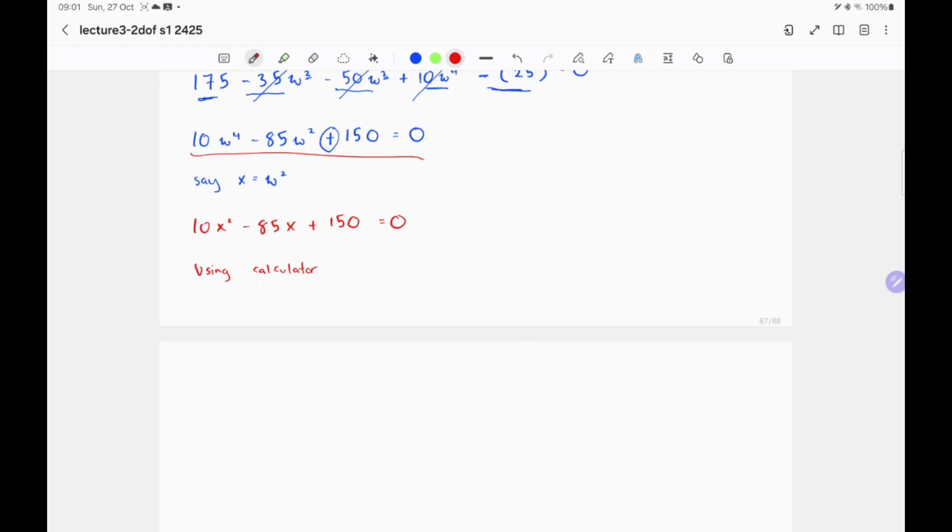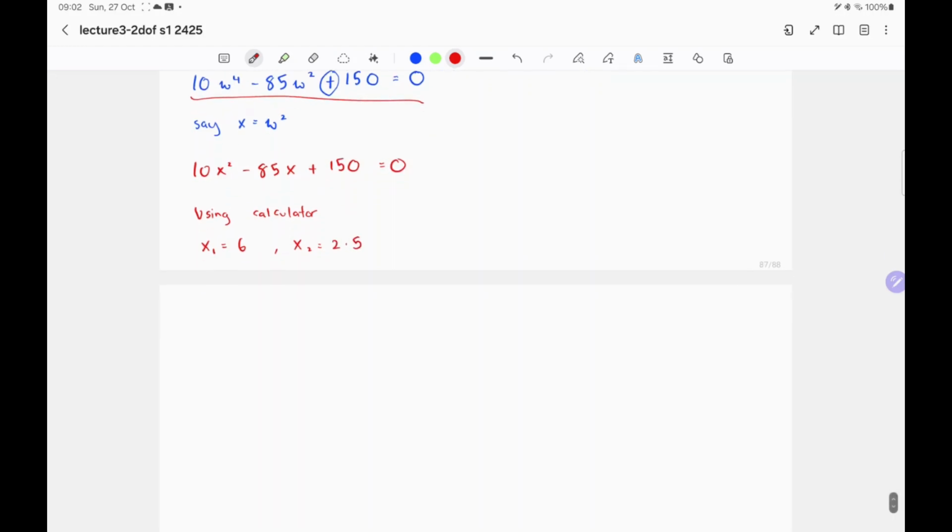By using my calculator, I get two values of x, where x1 equals 6 and x2 equals 2.5.